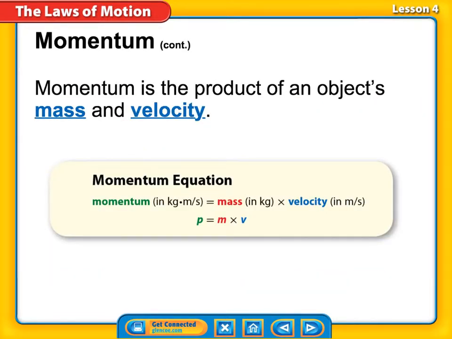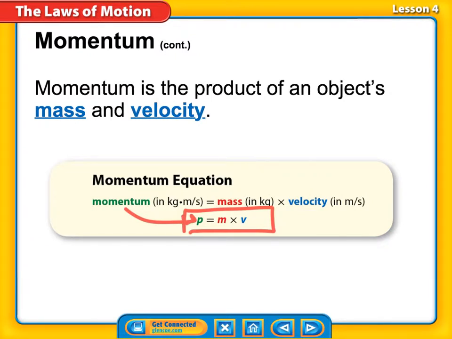We are going to calculate momentum here, and you need to memorize this equation, p equals m times v. Now, momentum is p, and that'll be hard to remember, but the others aren't. m is mass and v is velocity, and you've seen those before, okay?